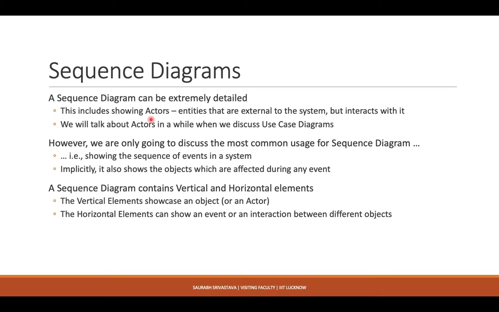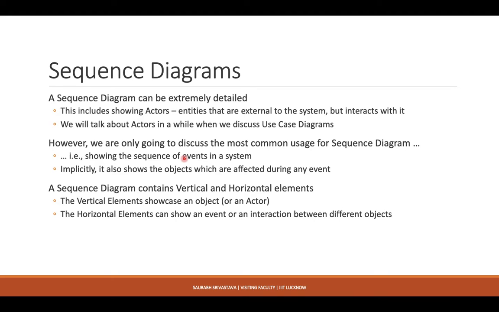Anyhow, we'll talk about actors when we discuss the use cases, but the idea is that in a sequence diagram you can mix actors and objects and all those things, but we are only going to discuss the very basic form of a sequence diagram, where we are going to have only objects.